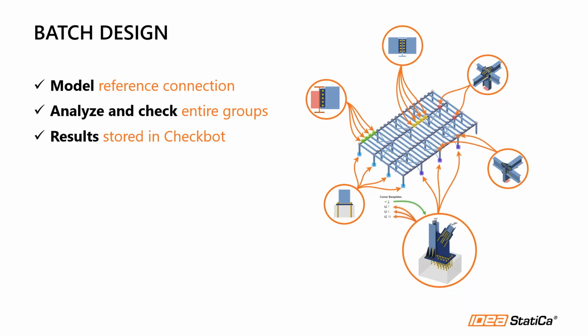This will copy the reference connection in all the joints, and then you run the analysis for the whole group. This process can save hours of modeling similar connections with similar loads.